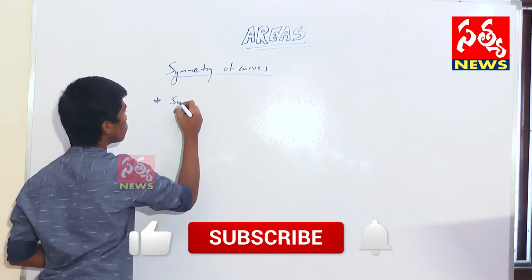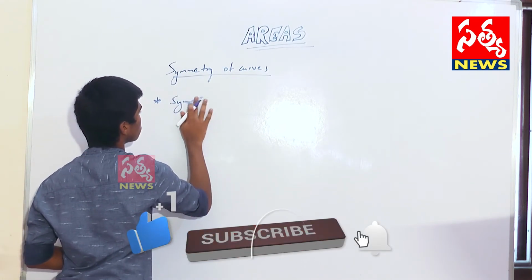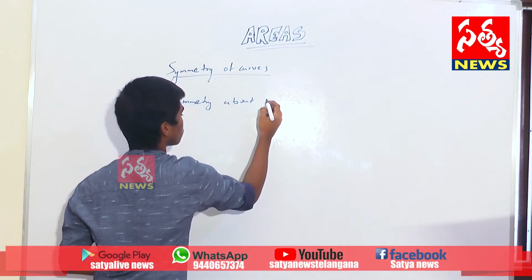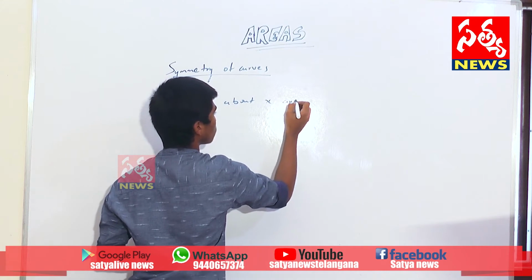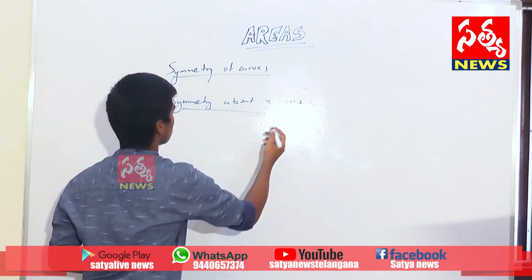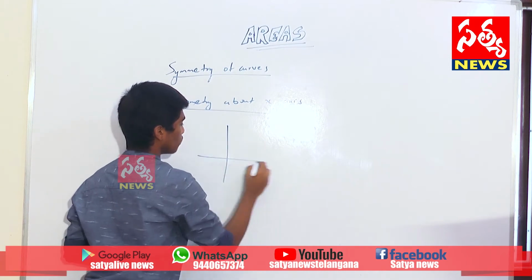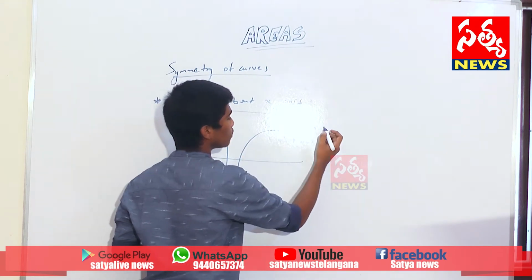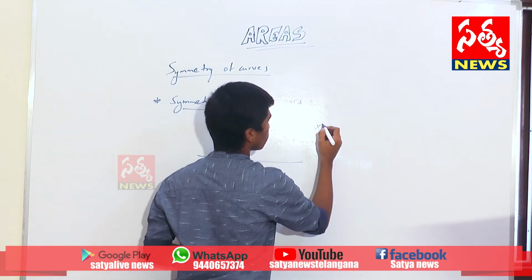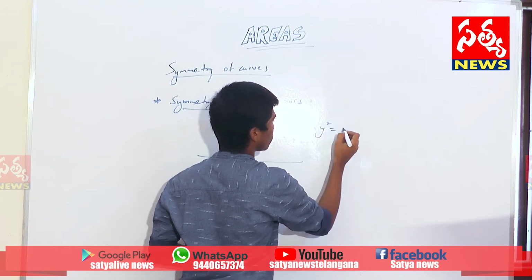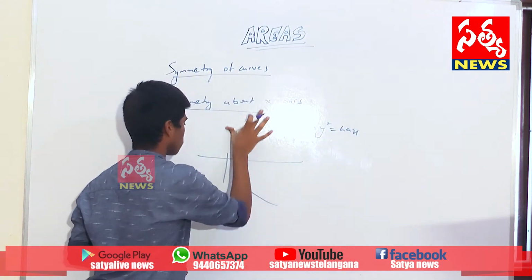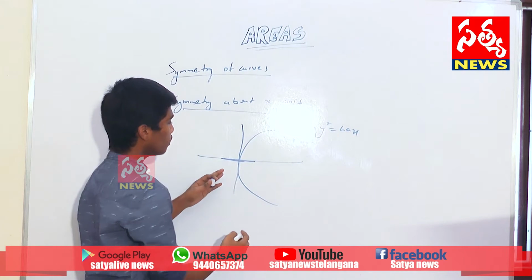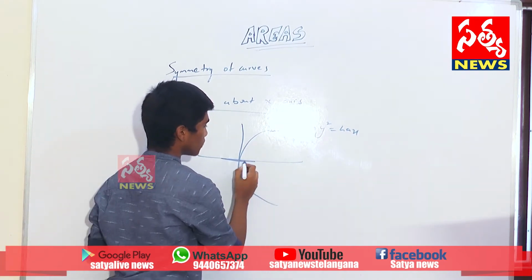First of all, symmetry about the x-axis. What is symmetry about the x-axis? It means if there is a function, for example y square equals 4ax, it is symmetric about the x-axis.